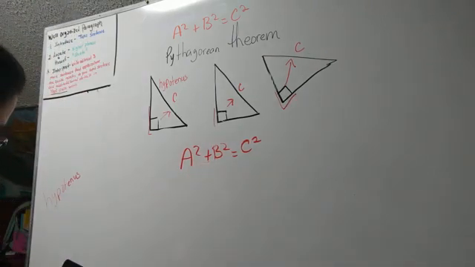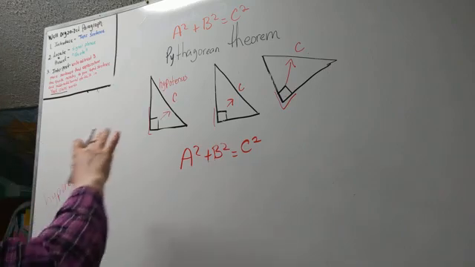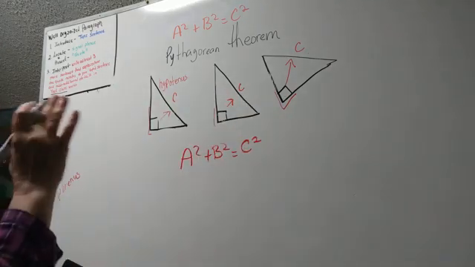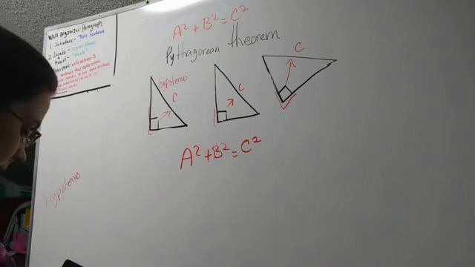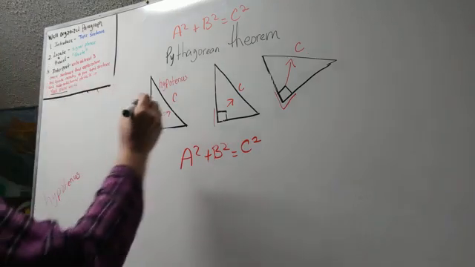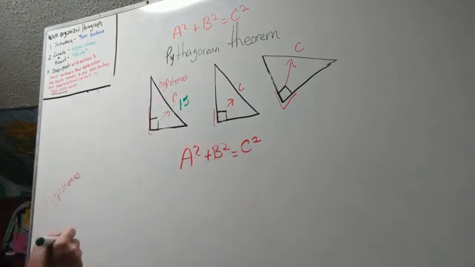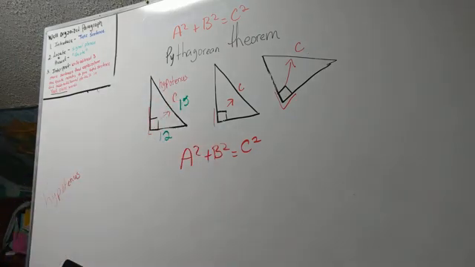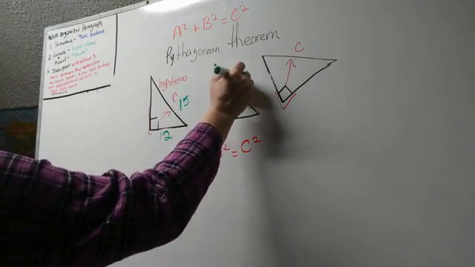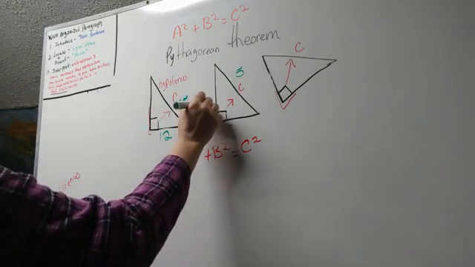So now, let's work with these three triangles. Again, remember it's going to be the right angles only. So, let's say this one is 15, and this one is 12. And then for this one, we're going to do 5 and 3.